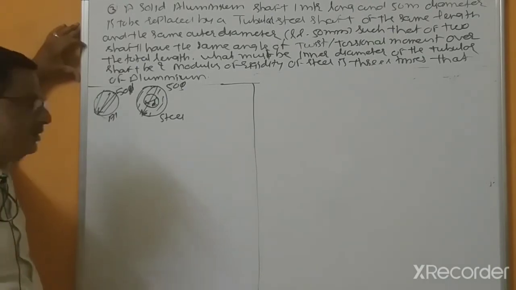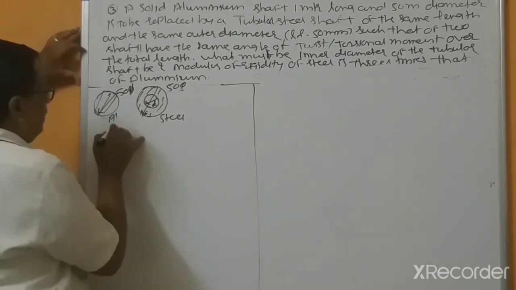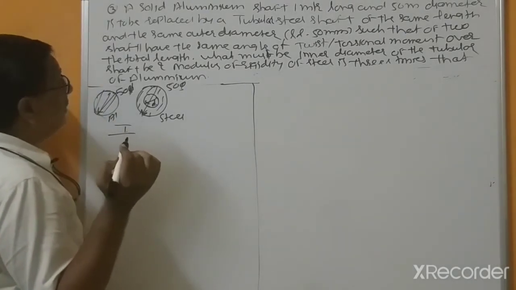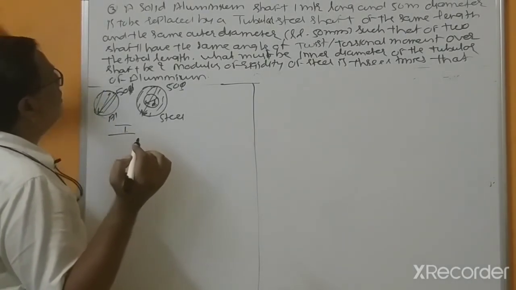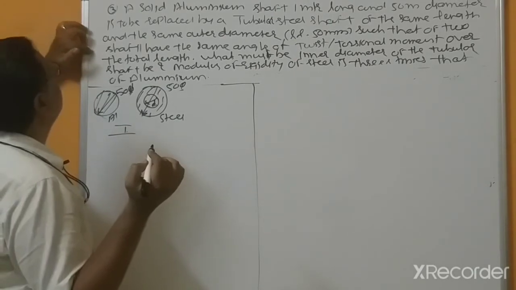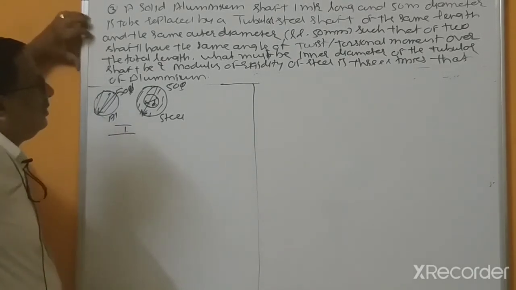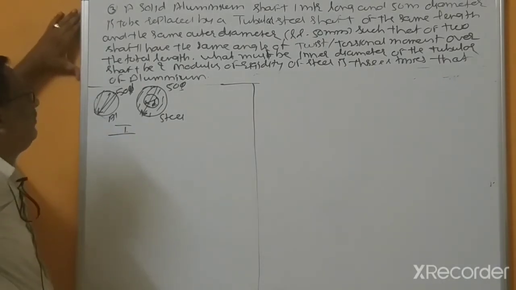So once again we can apply the same angle of twist, tubular shaft of the same length and the same outer diameter, such that 2 shafts have the same angle of twist. Torsion moment.